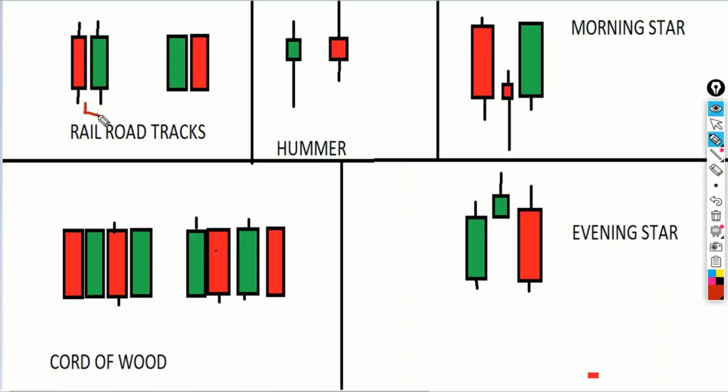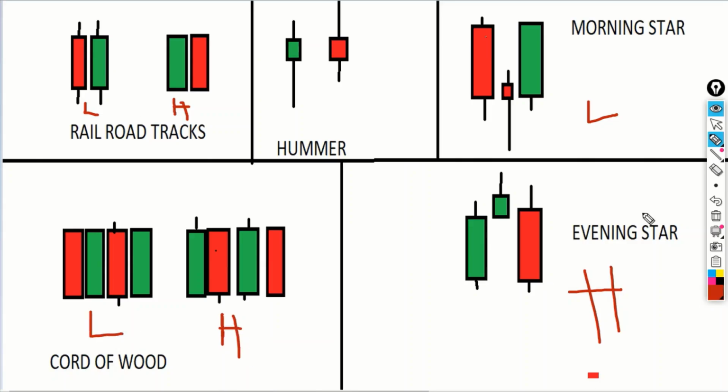This will appear at the low, this will appear at the high. The hammer can be at the low or at the high; it doesn't matter the color of the hammer. The morning star will appear at the low and the evening star at the high. The cord of wood with a red-faced candle will appear at the low, just like a railroad track, and this one will appear at the high.